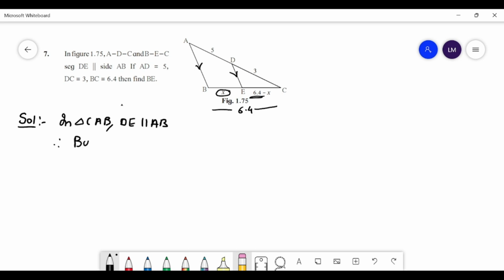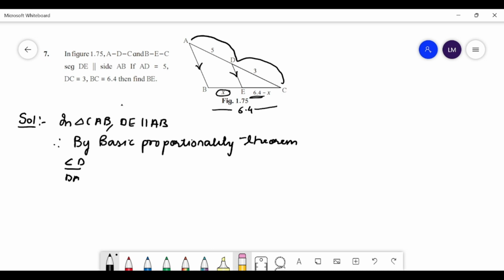So by the basic proportionality theorem, CD upon DA, see from the diagram, CD upon DA should be equal to CE upon EB, so this is equal to CE upon BE.